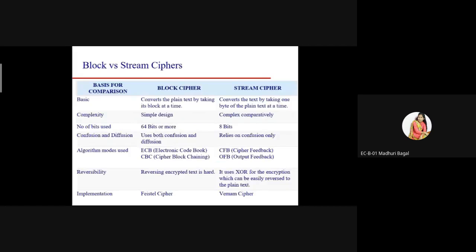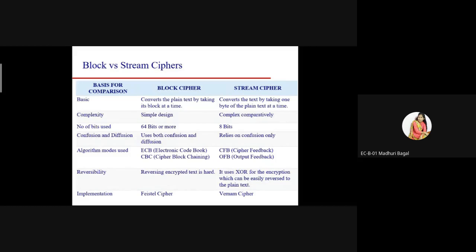Now if we compare these two concepts, the block cipher and the stream cipher, we can easily distinguish between them. In a block cipher, we convert our plain text into a small number of blocks, and in a stream cipher, we do the bitwise operation.